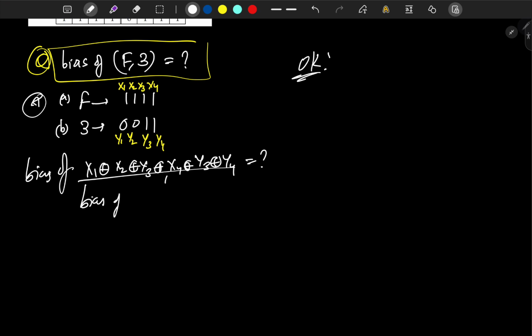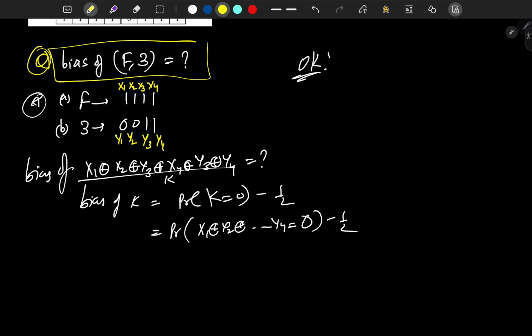Let's name it as k. So the bias is probability that k equals 0 minus half. How will you find the probability that x1 x2 and so on up to y4 equals 0? The probability formula is nothing but favorable outcomes by total number of outcomes.